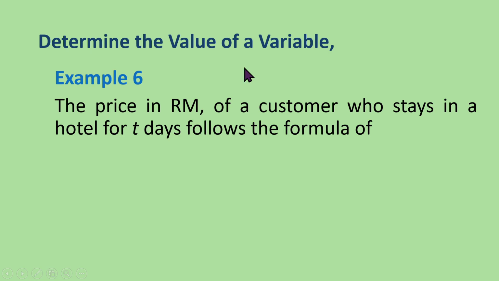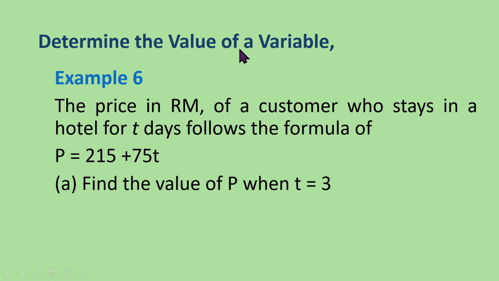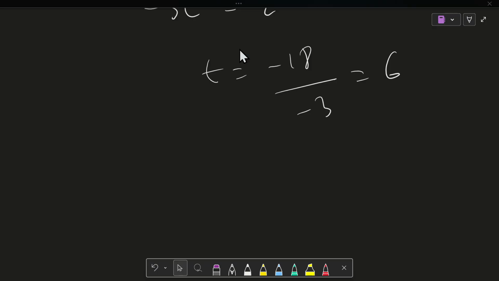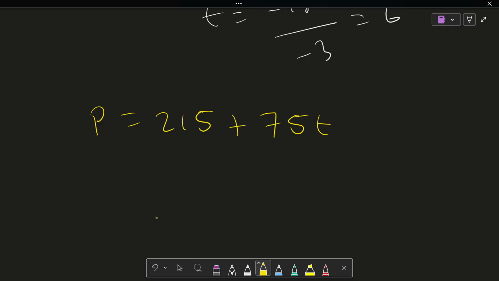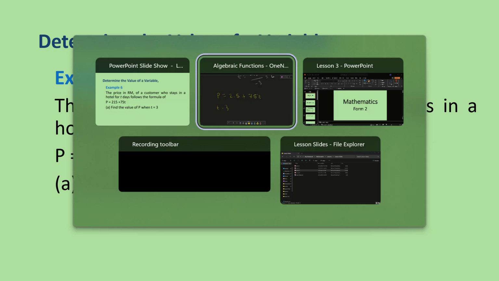The price in RM of a customer who stays in a hotel for T days follows a formula P equals 215 plus 75T. A, find the value of P when T equals 3. So P in this case equals 215 plus 75T. T equals 3.